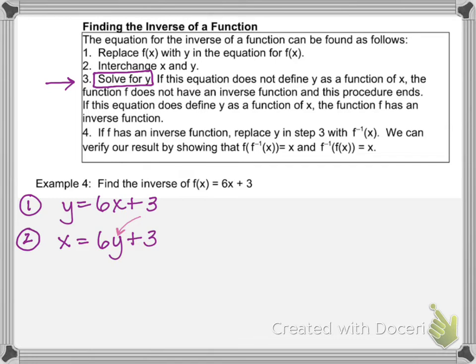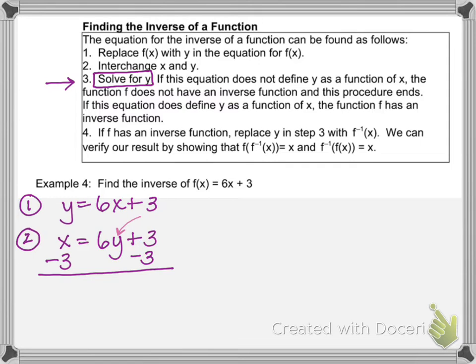So ideally, in order to get y all by itself, I need to get rid of this 6, and I need to get rid of this positive 3, and I'll be happy, okay? So how do I get rid of those two numbers? Well, you first need to get rid of the 3. You're going to get rid of that 3 by subtracting 3 on both sides, because then it will zero out.